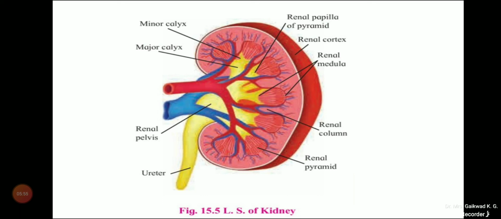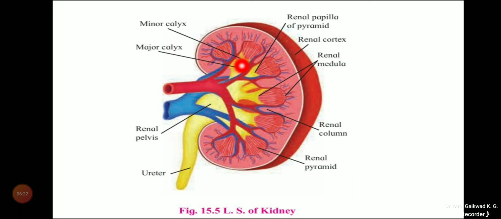Histologically, we are going to see the structure of the kidney, and here we are able to see several different pyramids. The renal papilla opens into the minor calyx. This is the minor calyx. The renal papilla opens into the minor calyx.